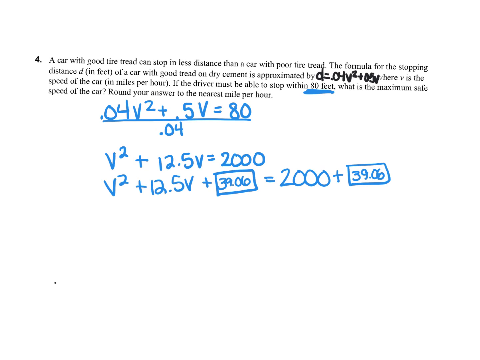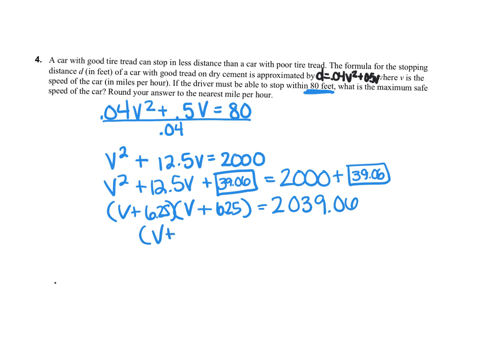All right, so let's go ahead then. We're going to factor, and we'll have a V, and a V, and then remember we had 6.25 and 6.25, and it's going to be plus, so 2,039.06. And now we're ready to take the square root.